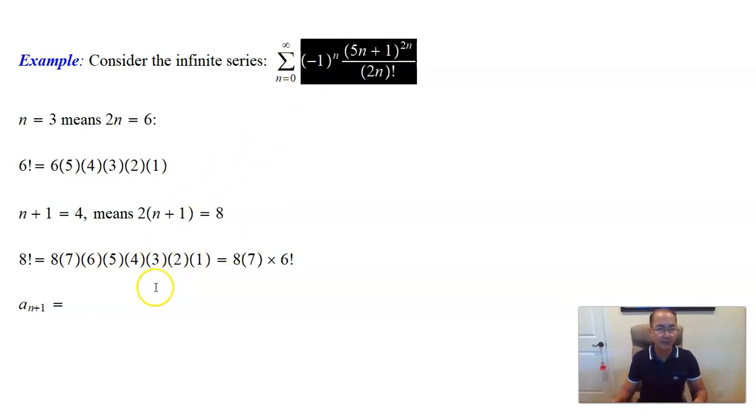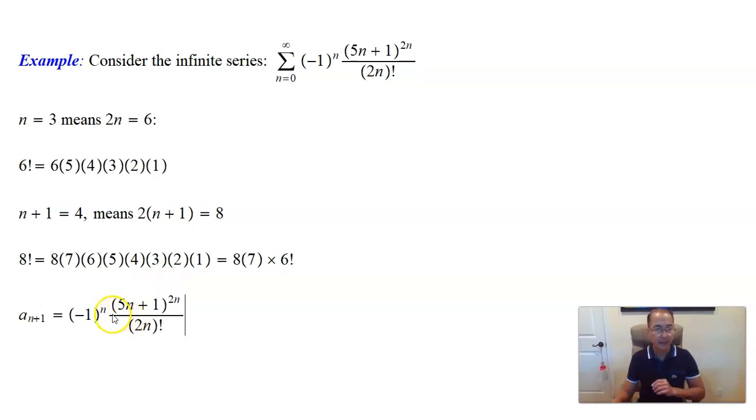So we're going to copy a_n again, encircle all the n's that you see in a_n and change them to n plus 1. 1, 2, 3, 4. We see n 4 times. Change all of them to n plus 1, wrapped in parentheses if need be.